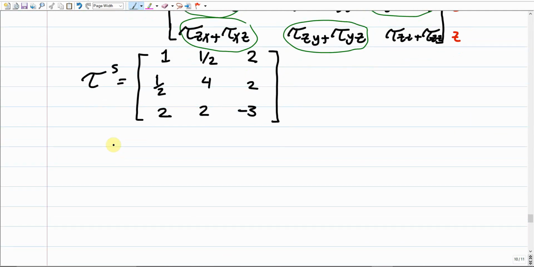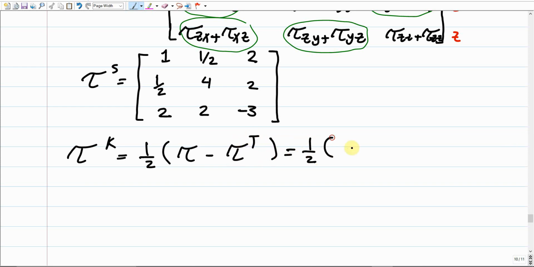How about the skew-symmetric tensor? The skew-symmetric, it should be half the tau negative its transpose. So this is going to give us half of the tau ij delta i delta j negative the tau ji delta i delta j.